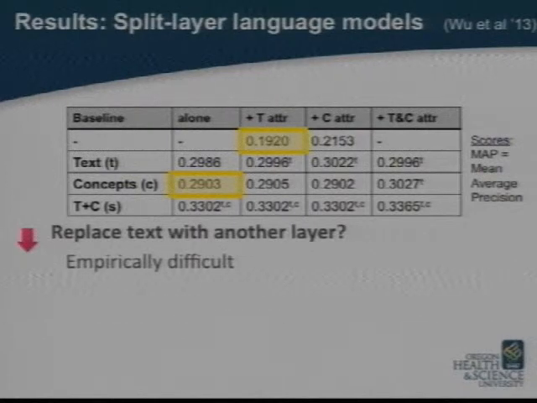And what we're actually going to see is that concepts cannot easily replace text. Maybe if you did some additional work, but it's not a simple prospect to just replace text. And additionally, if you look at adding negation and semantic groups and stuff like that to the text, that's that top box there. That also is harder.